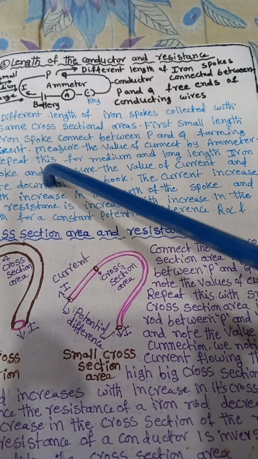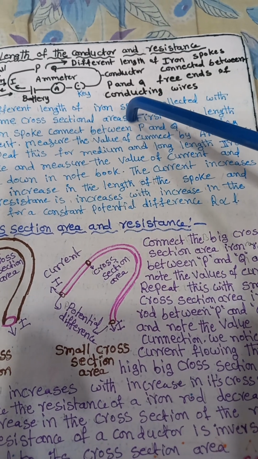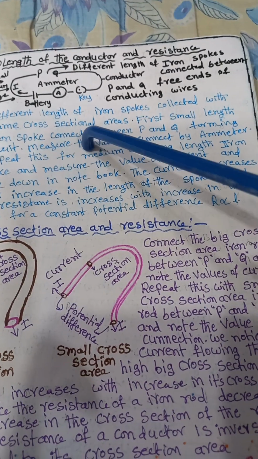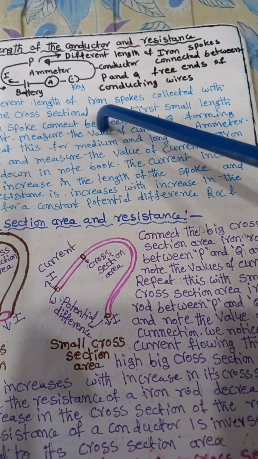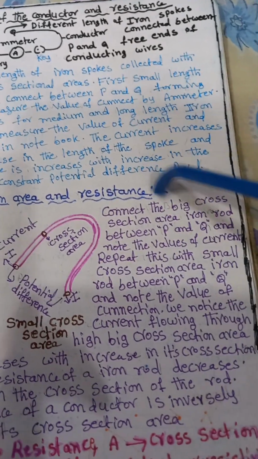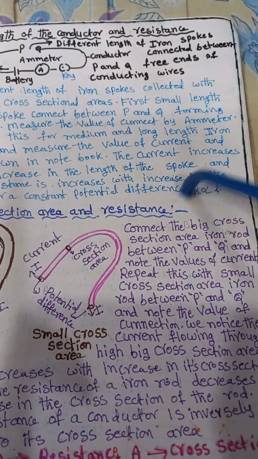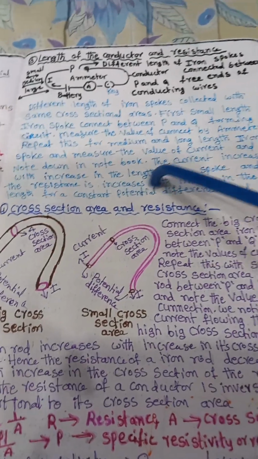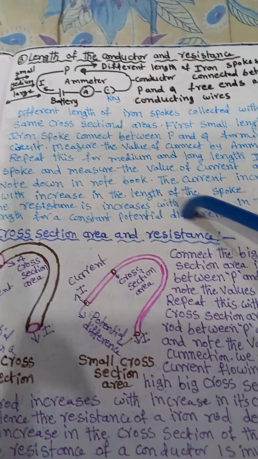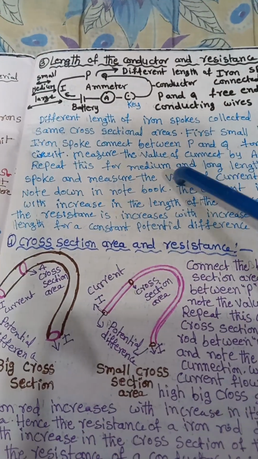From this activity we observe that the current decreased and the resistance increased. So the resistance is proportional to length. When the length is increased, the resistance is also increased.